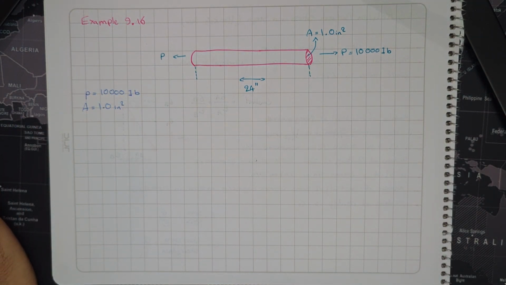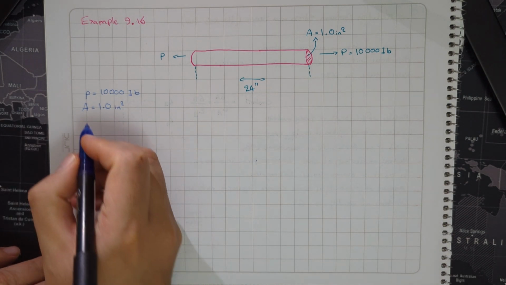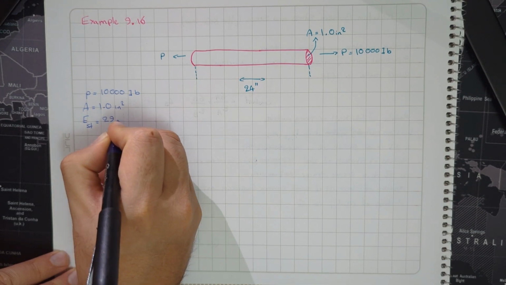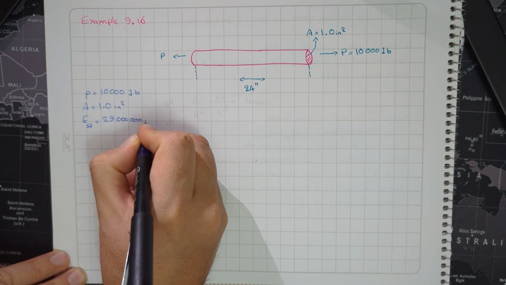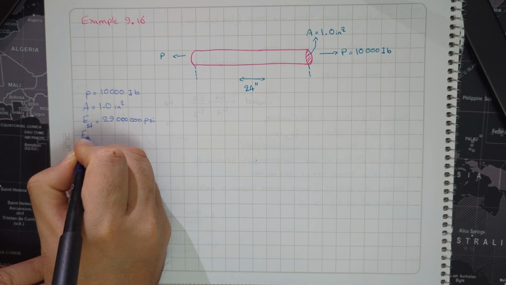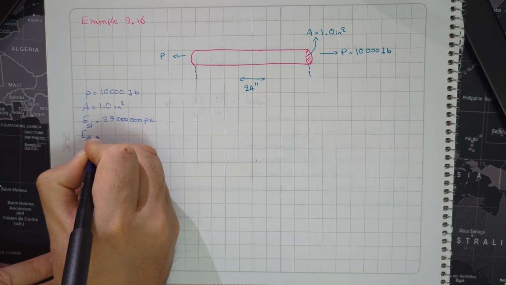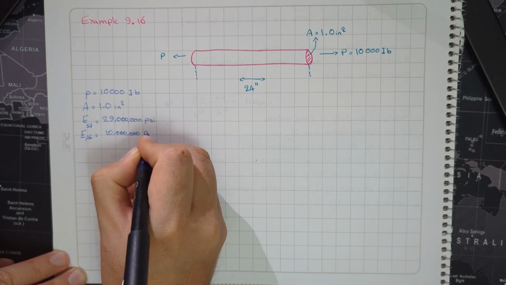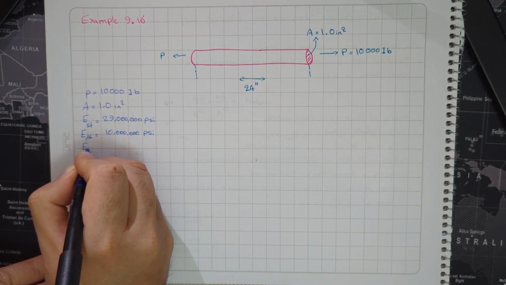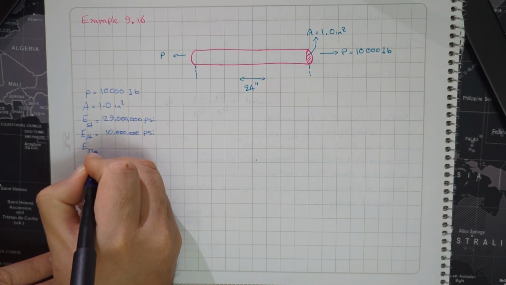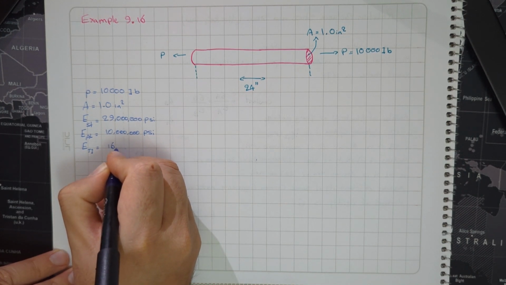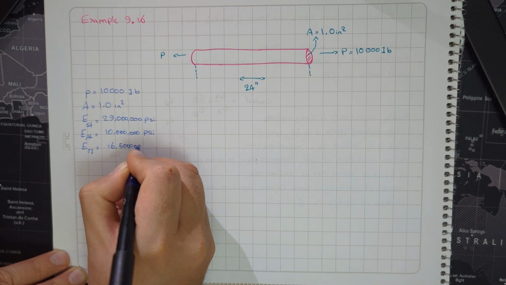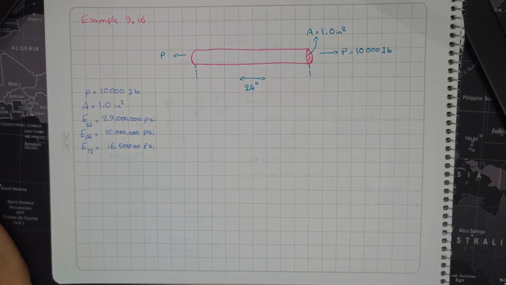Also, we have modulus of elasticity of steel, which is 29 million psi, modulus of elasticity of aluminum, which is 10 million psi, and modulus of elasticity of titanium, which is 16 million 500 thousand psi.